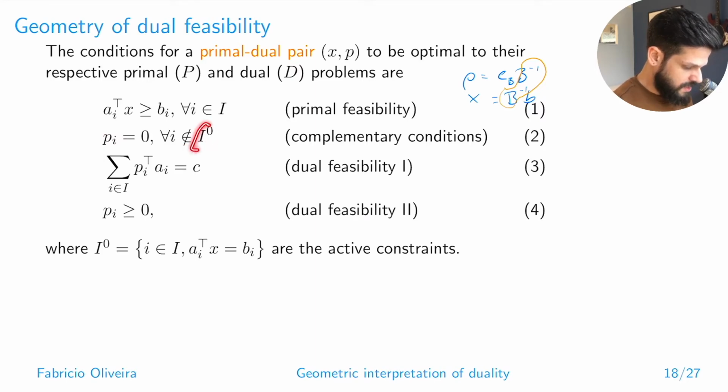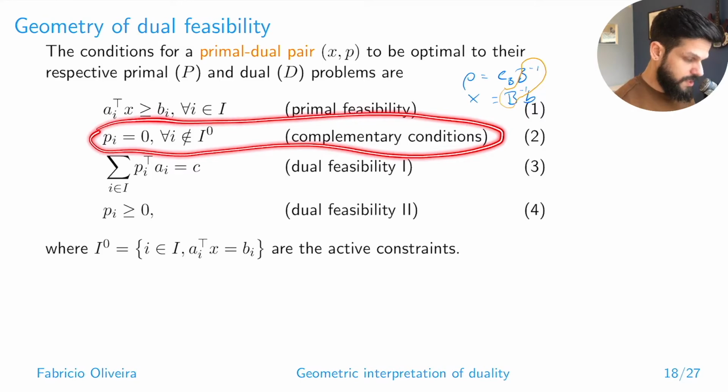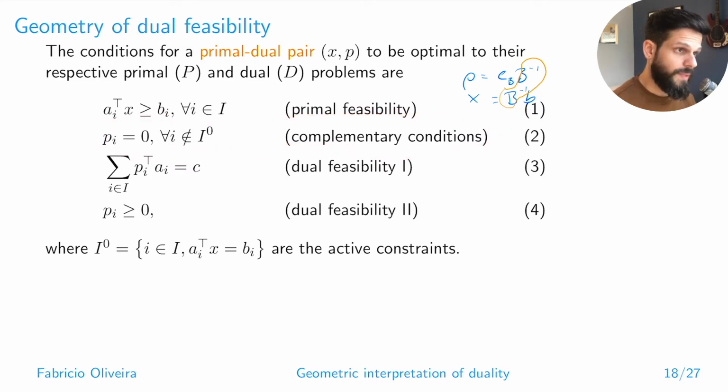This set I_0 is the first time we're looking into that. It is the set for which the slacks are 0. You can think about it like that: for all constraints, this is equality. So for those that are not in I_0, this has to be set to 0, and that's the last condition that was missing. We saw primal feasibility, and we saw dual feasibility, and we just had this third one, which is complementary slackness, or complementarity conditions, as we sometimes call it.